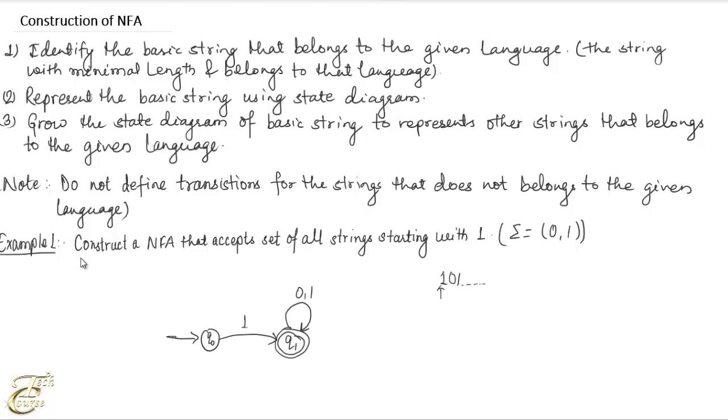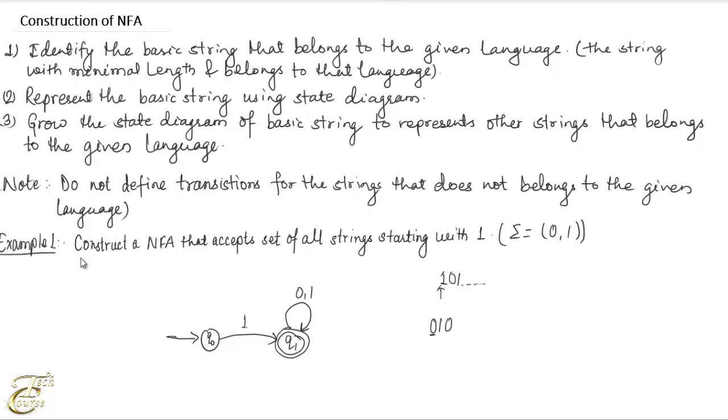Here this point says that we should not define transitions for strings that do not belong to the given language. In this case, the string 010 starts with 0, so we haven't defined a transition from the Q0 state on reading the symbol 0.